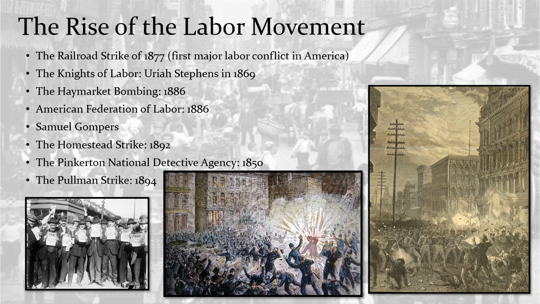The governor calls in the troops to put down the strike, and the president gets involved and calls in federal troops to put it down as well. So again, it's a violent confrontation. You have about 30 people who were killed and another 50 plus who were injured.